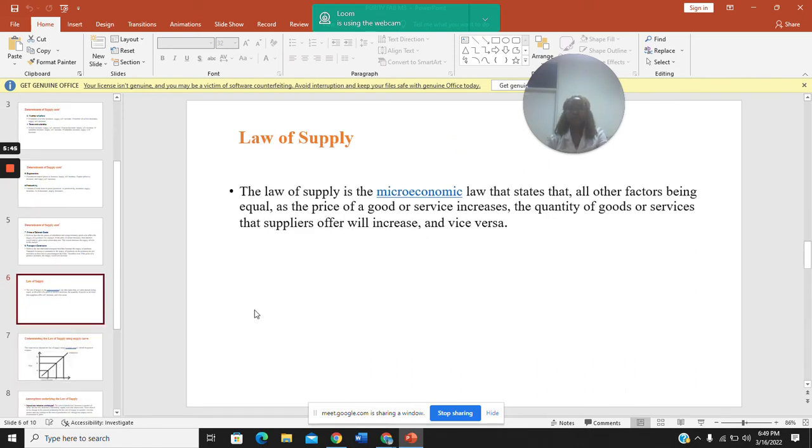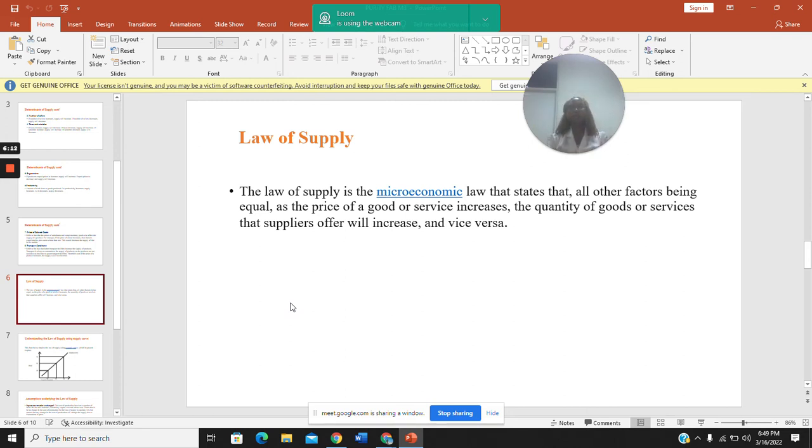Okay, with that said, let's go to the law of supply. The law of supply is the microeconomic law that states that all factors being equal, as the price of a good or service increases, the quantity of goods or service that suppliers offer will increase.